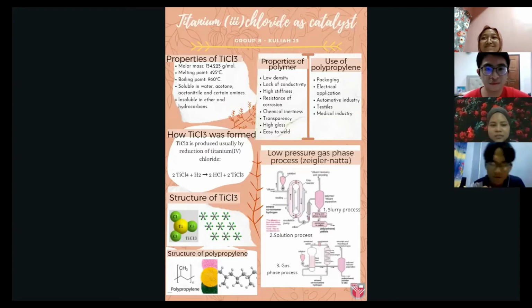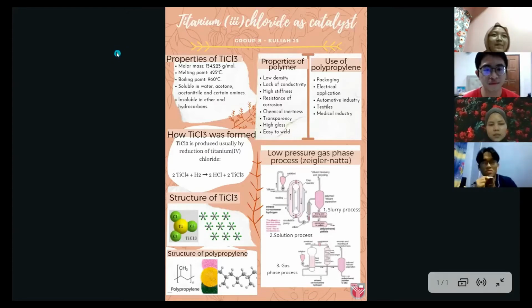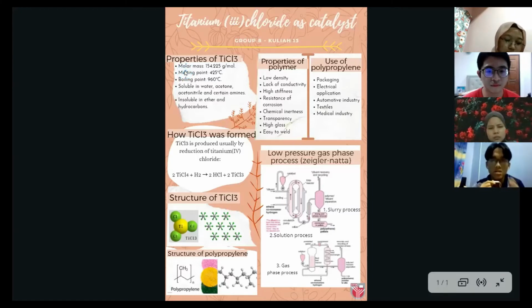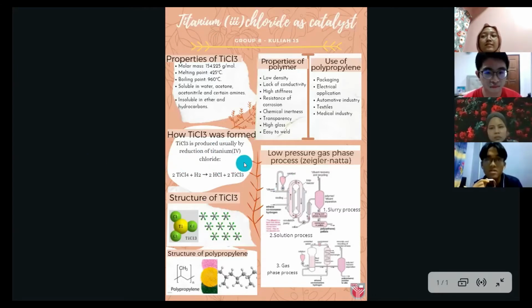Okay, thank you, ALIA, for your question. I will elaborate more about how titanium trichloride was formed. The process is an oxidation-reduction process. As you can see in this equation, titanium trichloride is formed by reduction of titanium tetrachloride.